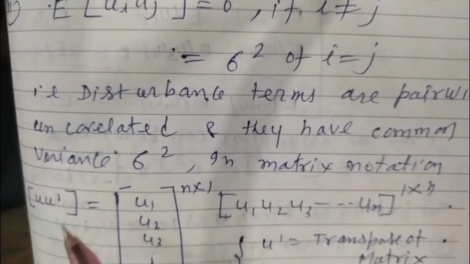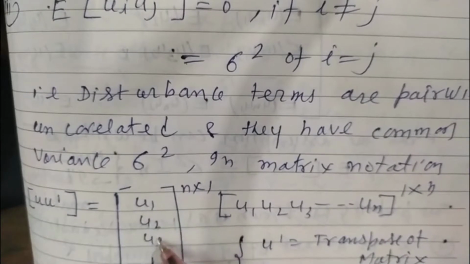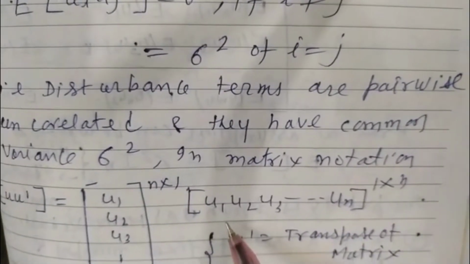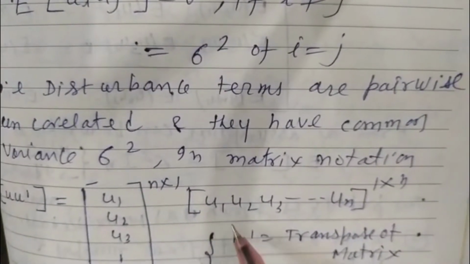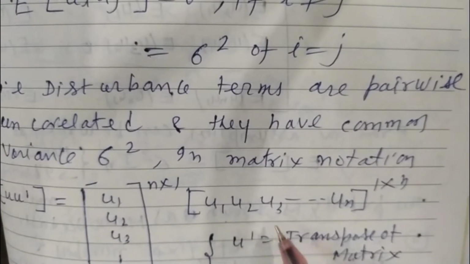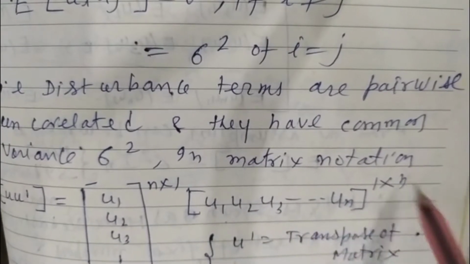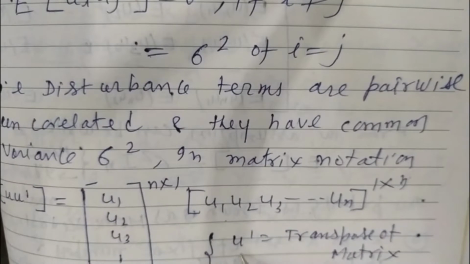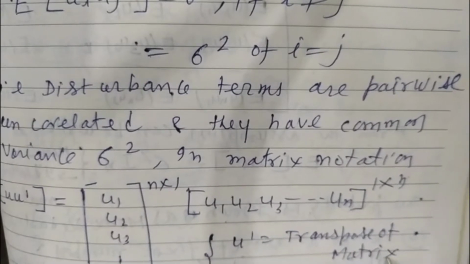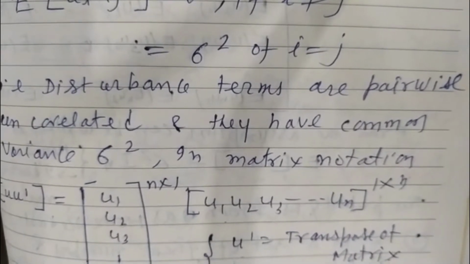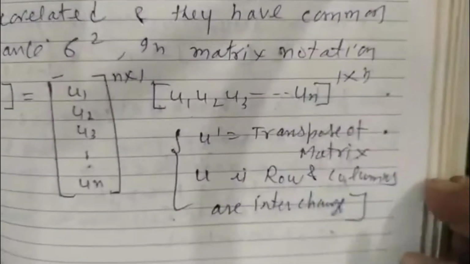Here the n by 1 matrix u1, u2, u3 up to un, its transpose is a row matrix u1, u2, u3 up to un of order 1 by n. U dash, the transpose matrix of u, has rows and columns interchanged.